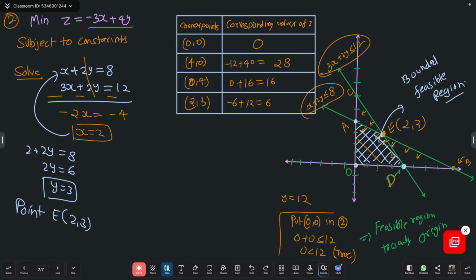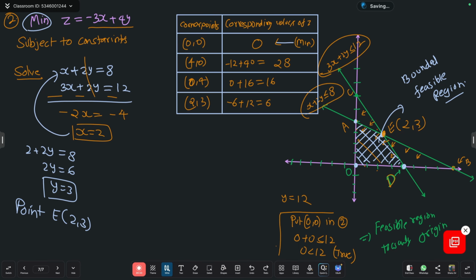And our task was to minimize the problem. Minimize. And where is the minimum? 0. This is the minimum, the smallest. Okay, so what is the answer?